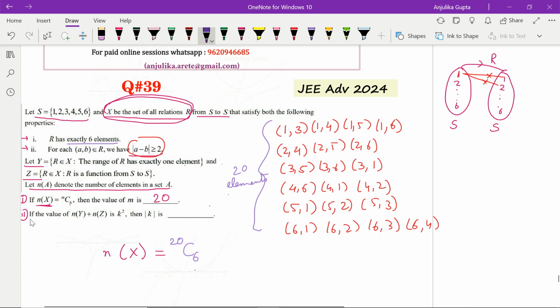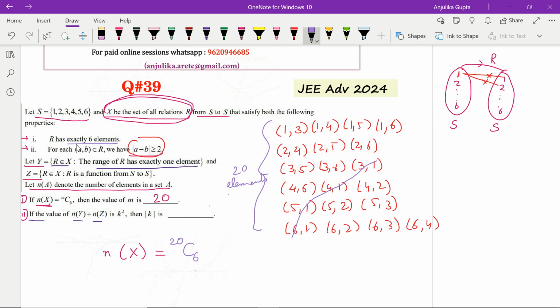Now, what is the other one asking? It is asking for the number of elements in Y and Z. Y is all relations in X such that the range has exactly one element. Suppose the range has only one element. Then these are the possible candidates, and there are only four.